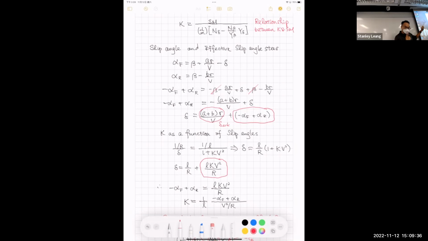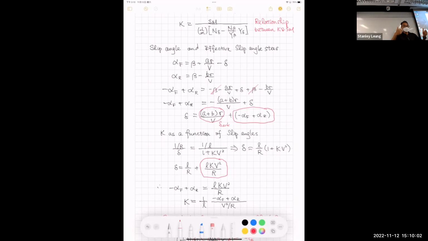Now the next thing we are going to talk about is how fast or slow the spin is. We already talked about understeer and oversteer, which direction we are going to spin.